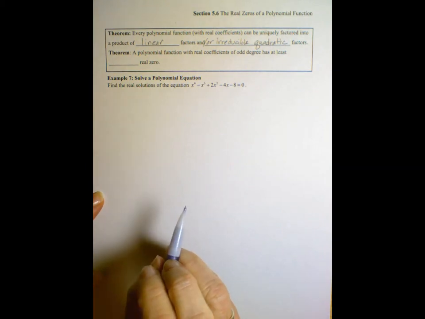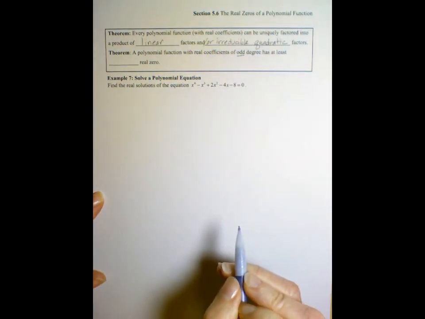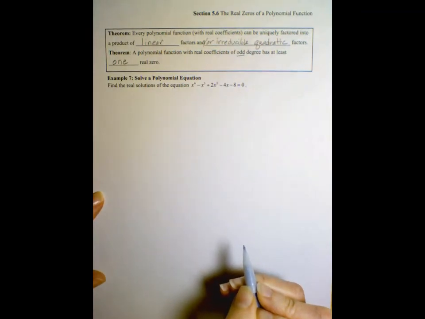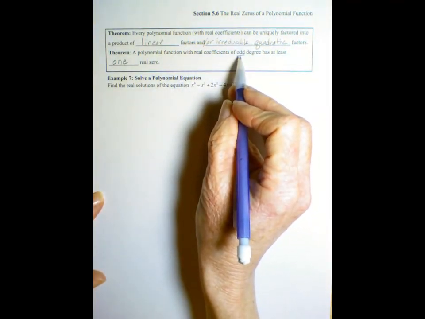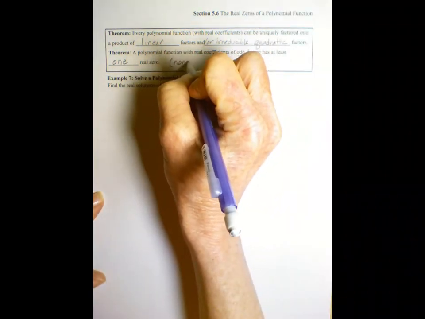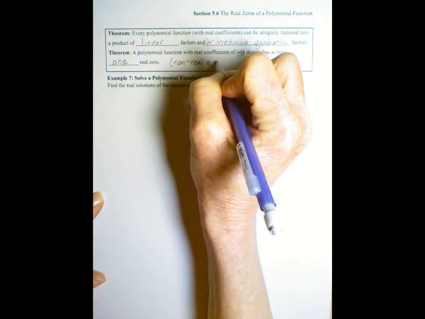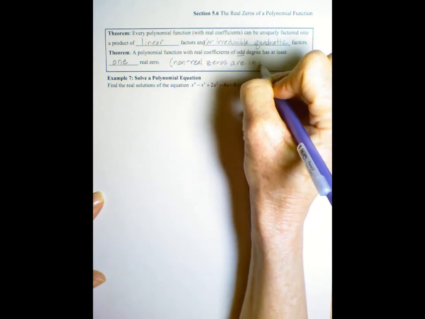A polynomial function with real coefficients of odd degree has at least one real zero. So what that means is that if the power is third degree, fifth degree, seventh degree, you know you have at least one real zero because non-real zeros are in pairs, right?